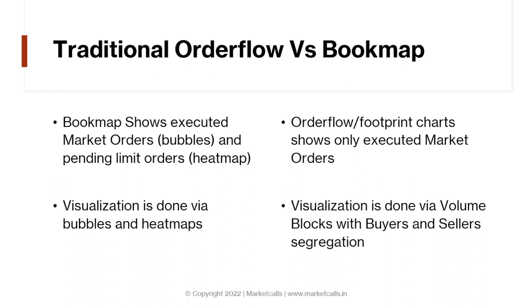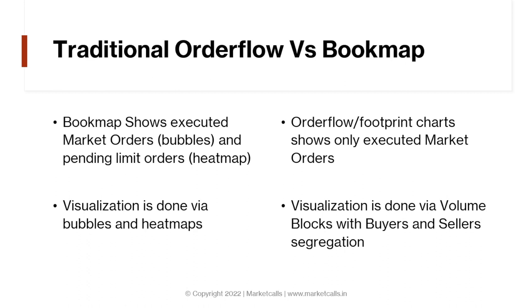Whereas if you are looking at order flow or footprint charts, it shows only the executed market orders, right? And it doesn't give any interactive idea about it; mostly it is time frame based, whereas Bookmap is not time frame based. Bookmap reveals the true activity. It is a more in-depth study of order flow, right?